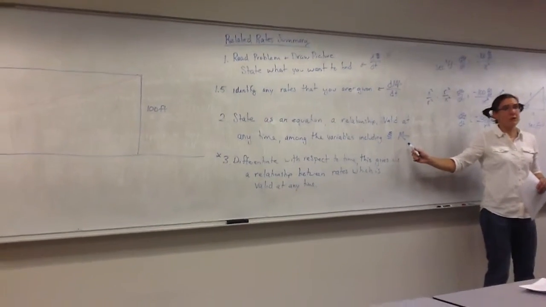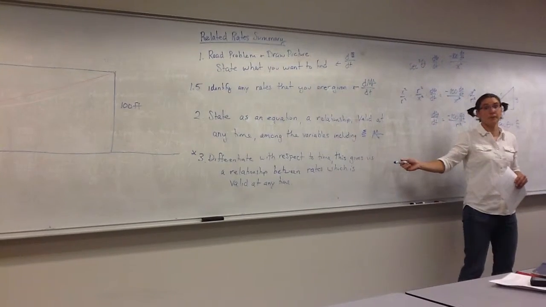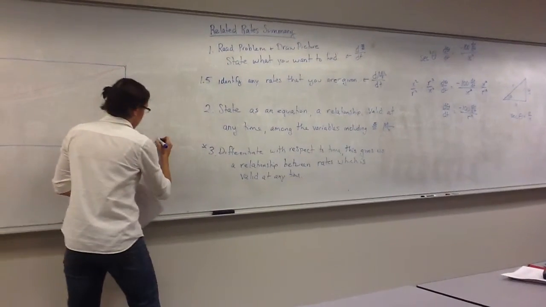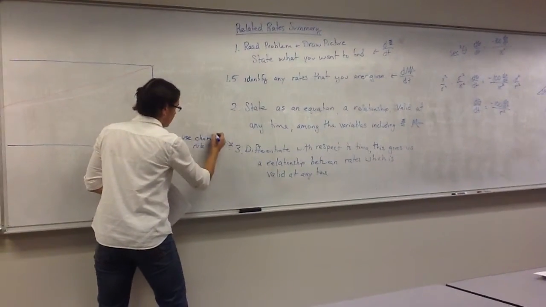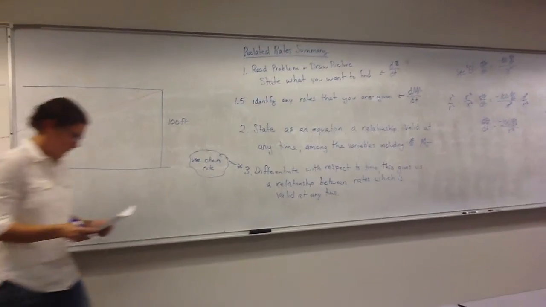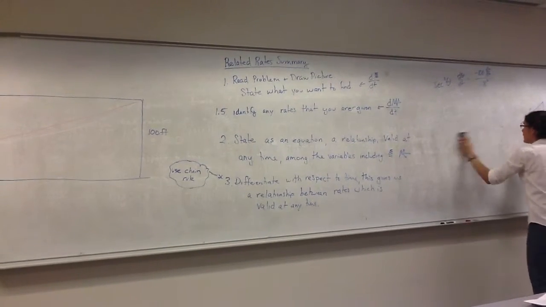And that means that when we take our derivative with respect to time, you have to use the chain rule. So the star is to remember to use the chain rule when you're differentiating.